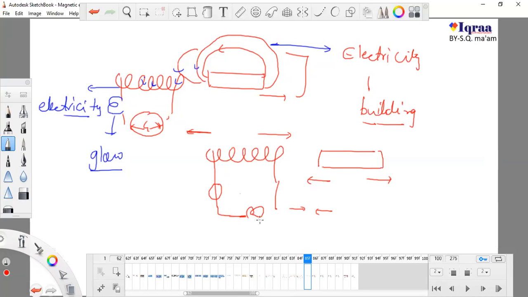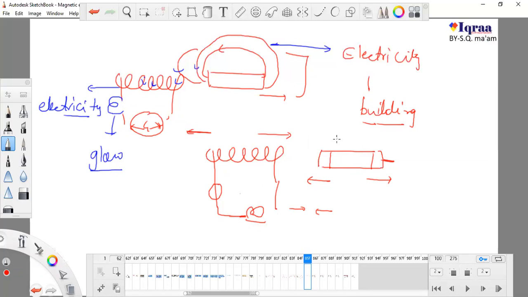Then I can glow a bulb, I can run my TV, and I can run my refrigerator just by this magnet. Isn't it useful? The power of a magnet is determined by its size, so if it is a huge magnet, you can work with so many electric appliances like TV, fridge, fan, geyser, cooler, washing machine, just by moving them while the current is flowing.